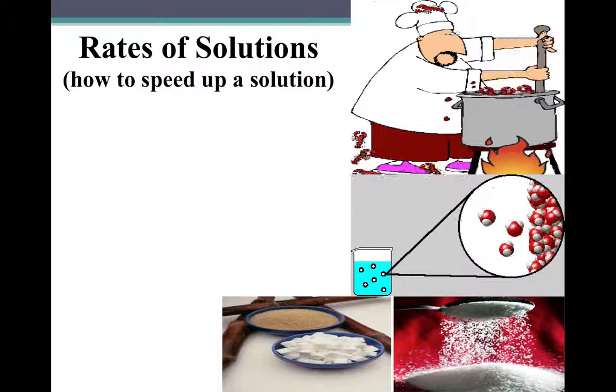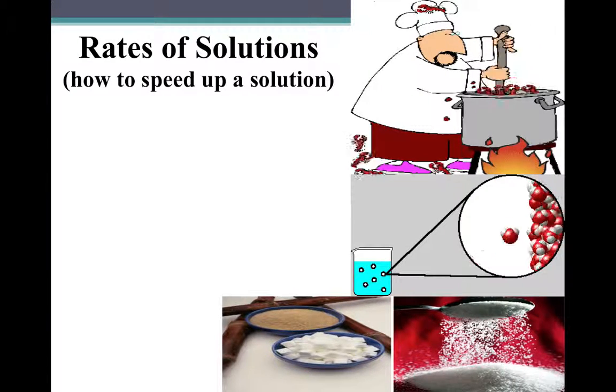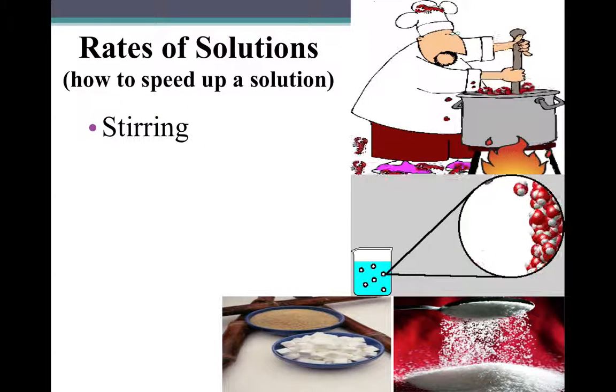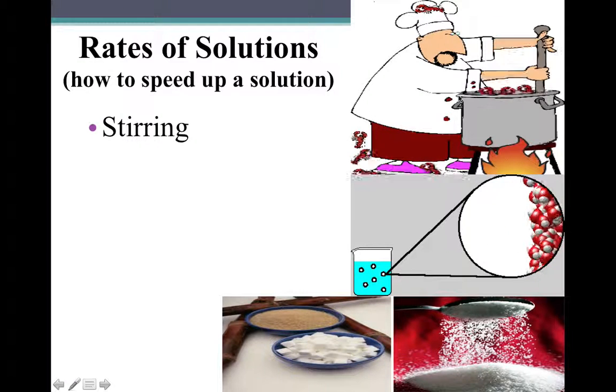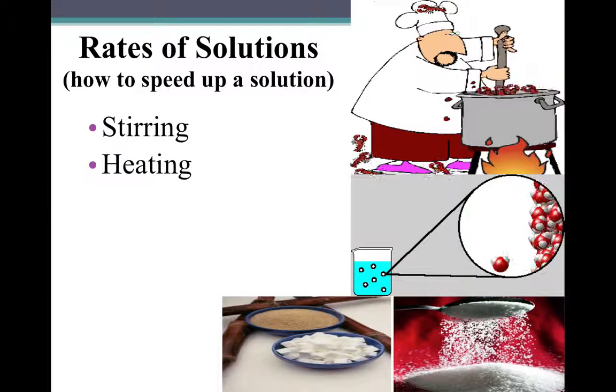Okay, now the last slide for today is how to speed up. How do you get a solute to dissolve into a solvent quickly? Okay, so the first one is stirring, sort of like what this chef is doing up here with this pot. If you have a substance in there, you stir it, and basically it's going to dissolve in there very quickly. The other one's heating.